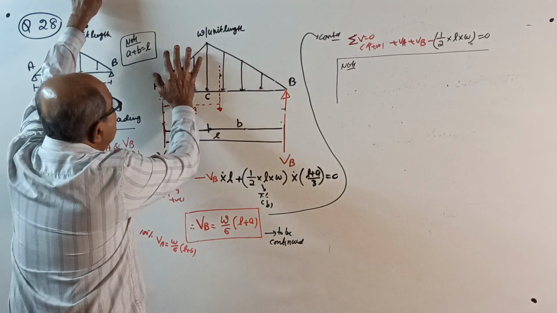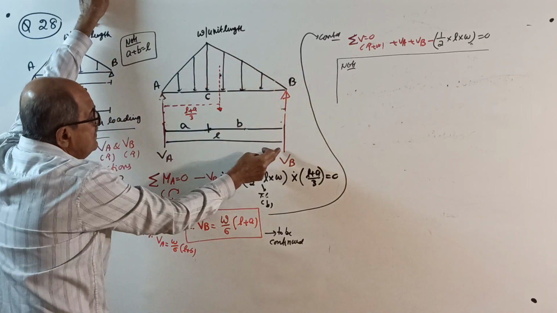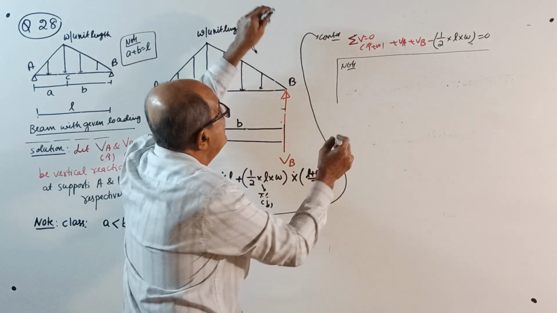Area, okay. This area is half base into height. This area is half base into height. Full area is half into base into height. Now if you split, what happens, tell me?